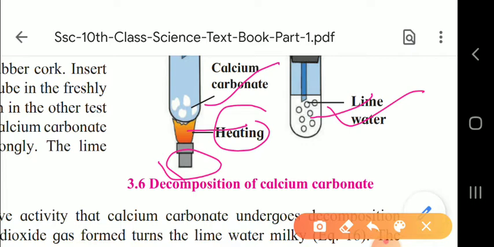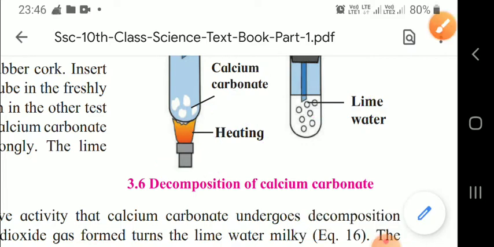In the same way, another reaction we can see is that of hydrogen peroxide. The formula for hydrogen peroxide is H2O2. Hydrogen peroxide naturally undergoes slow decomposition into water and oxygen. So let us see the reaction, children.